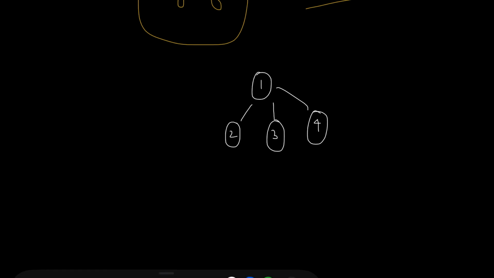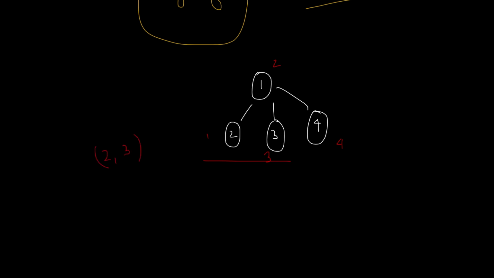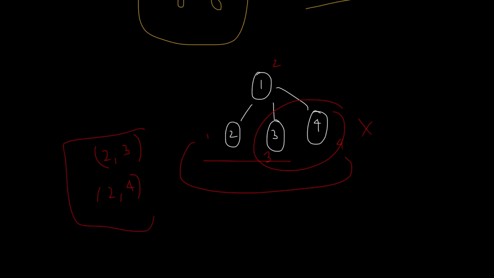If I assign the permutation values like one here, two here, three here, and four here, these two make a pair because one is less than two, two is less than three. So we get one pair, two comma three. Now again, these two also make a pair, two comma four, because one is less than two, two is less than four. But these two don't make a pair because three is not less than two, right? So we get two pairs.